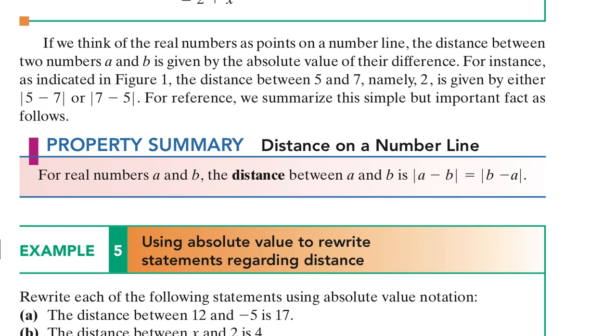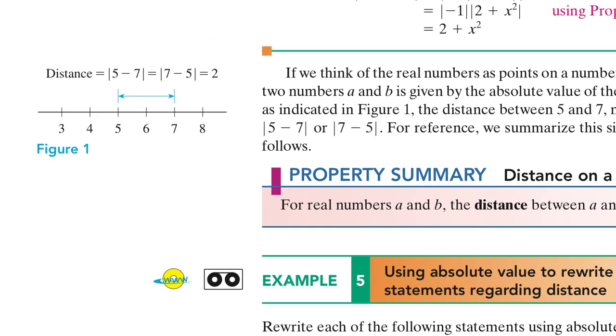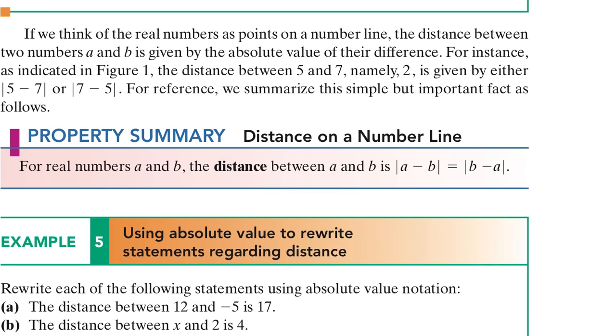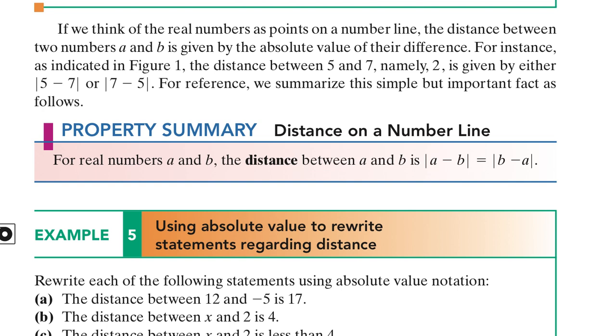And I think that there's a little graphic over here. Yeah. So this is saying the distance between 5 and 7, and the distance between 7 and 5, is the exact same distance. It's 2. Okay. So it doesn't really matter. The distance between A and B can be written as this or written as that.